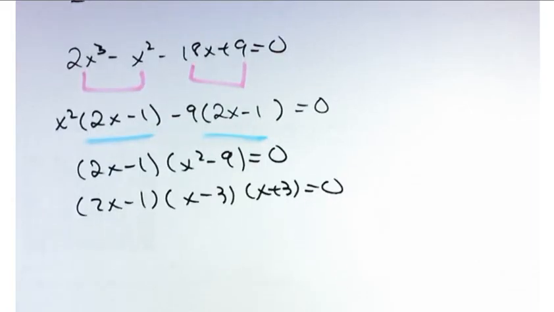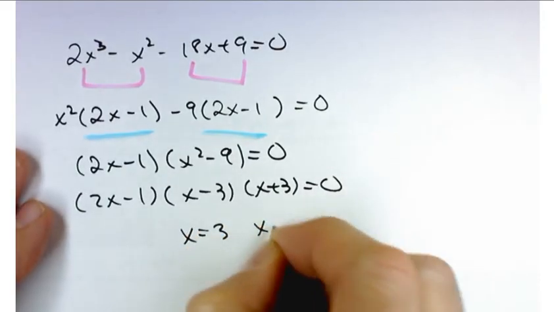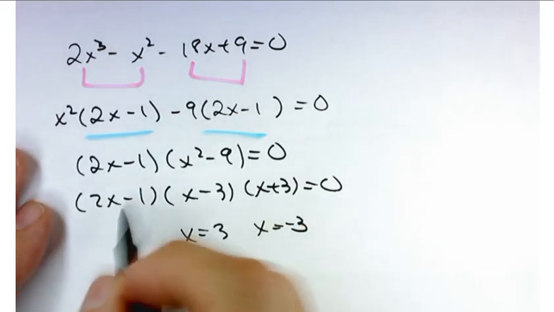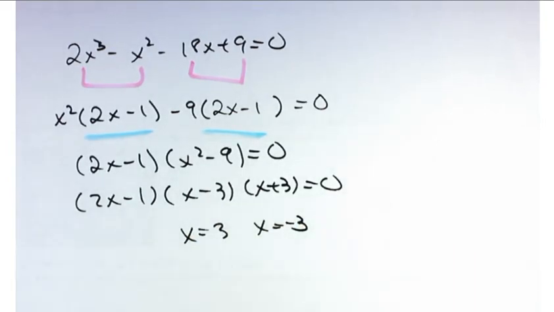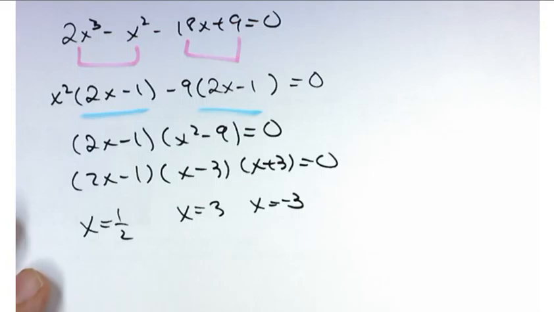So now that it's fully factored, you can just read off the roots here. Let's start with the easy 2. 3 and negative 3. How about this one? What root does that correspond to? 1/2. Good. So x equals 1/2.